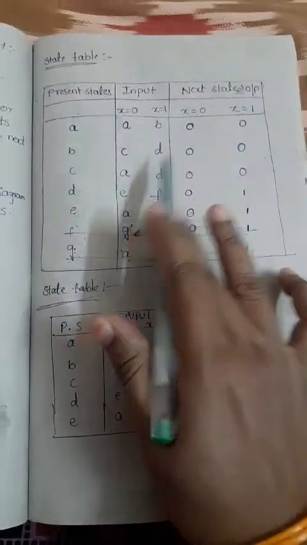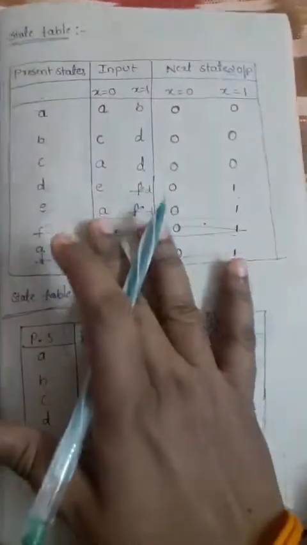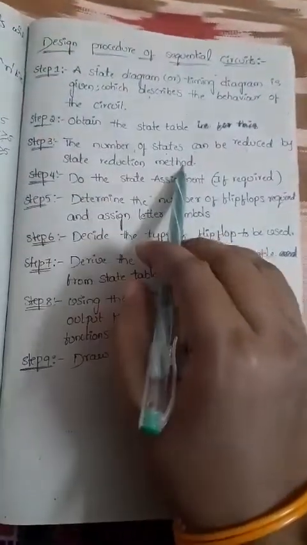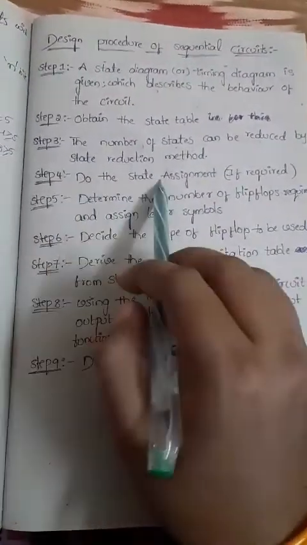That means the present state and next state values are similar for two states, so we can eliminate any one of them. That method is called the state reduction method. Now coming to step 4, do the state assignment.